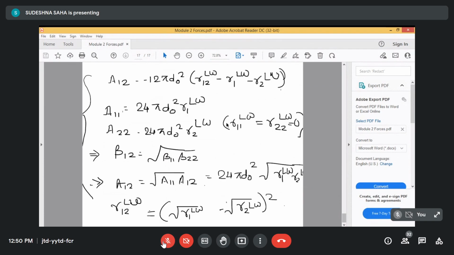Then we said that the Hamaker constant A12 will be equal to minus 12 pi d naught square, in terms of the surface energies we wrote previously, and we said that we can write A12 in this form over here.